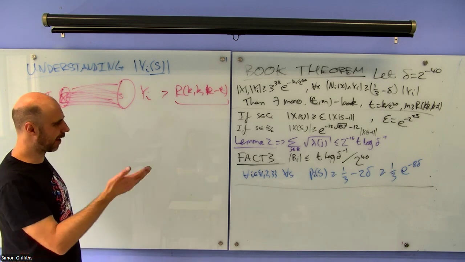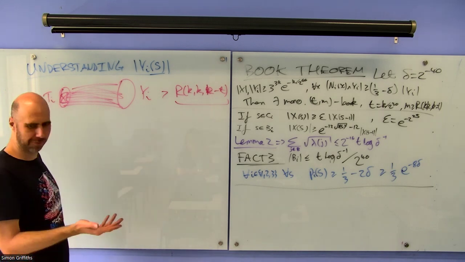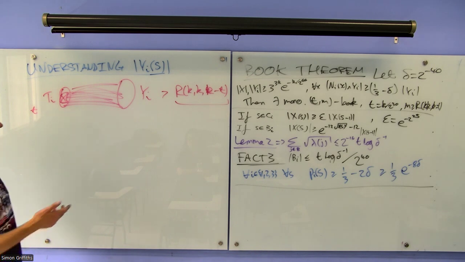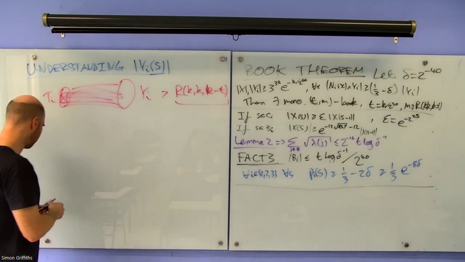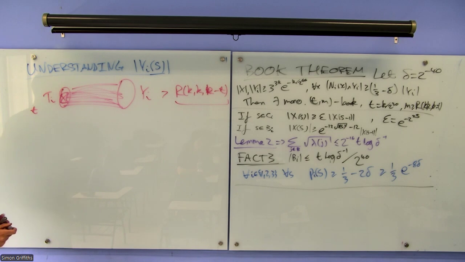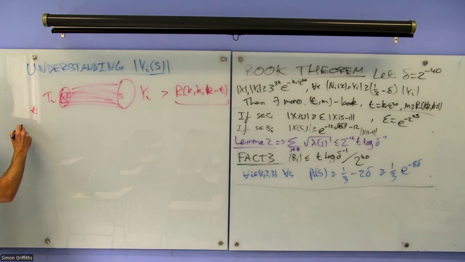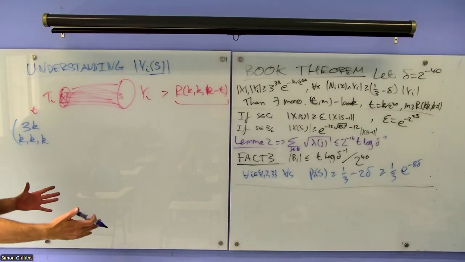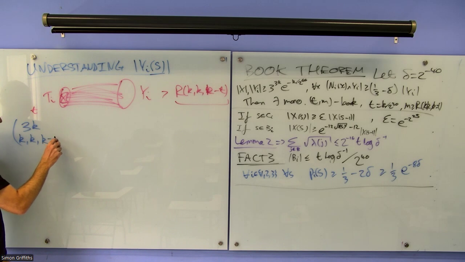Then you could just think about how the multinomial terms evolve as you let this one vary. So what you get is the following. Let's just start with an observation. If I do 3k choose k, k, and the third one is the thing I'm interested in varying over time, so I'll do k minus s plus 1.